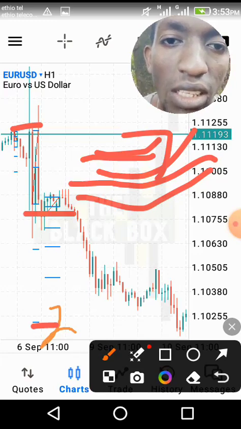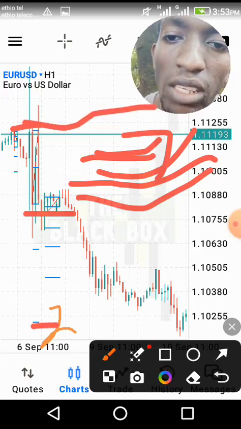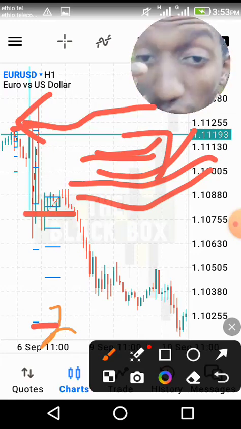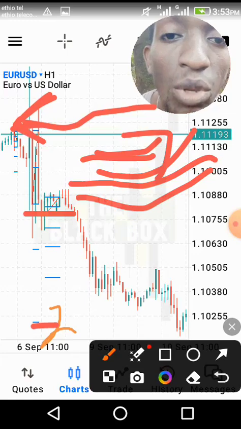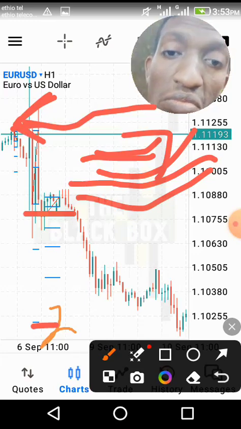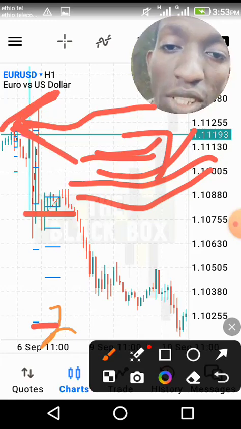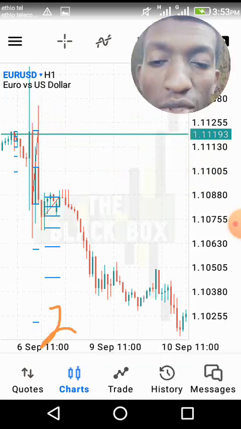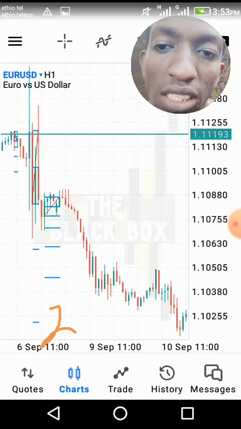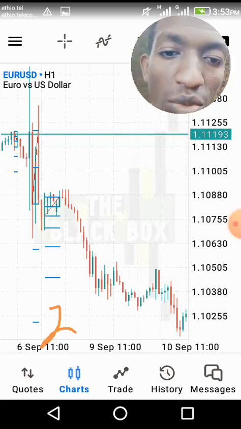You will be tired, and the current will take you back to where you started, or even below. Your money will be lost. You have to trade with the current. You have to trade with the trend. That's what we are doing here.